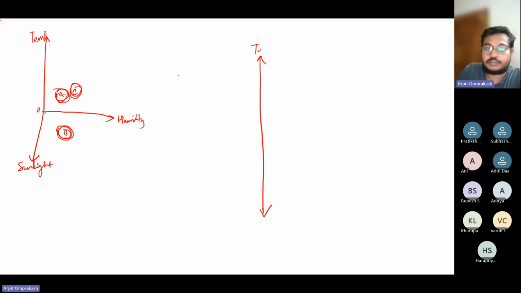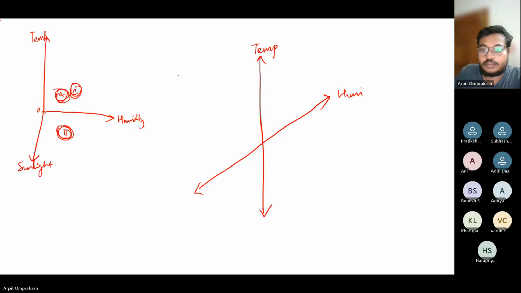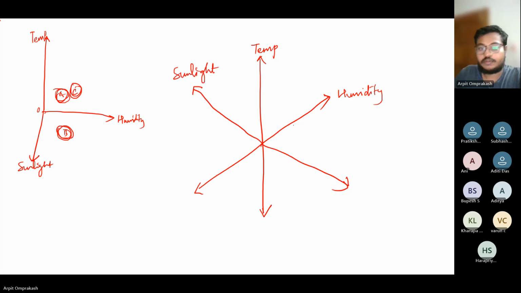So we have temperature, humidity, and sunlight.